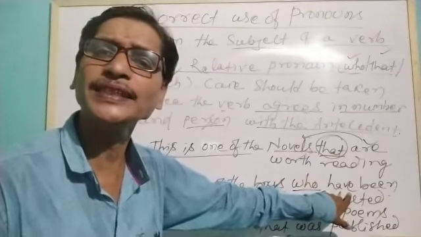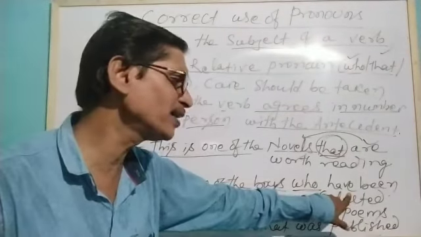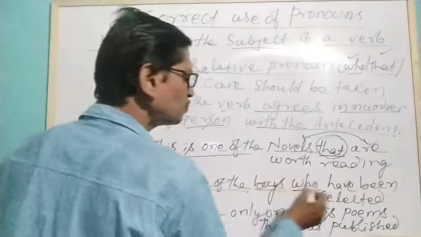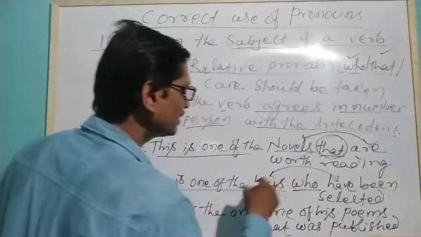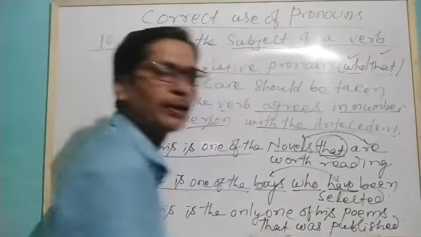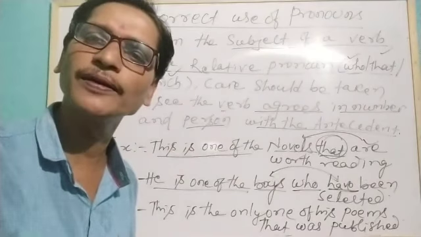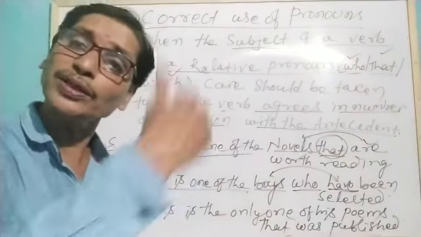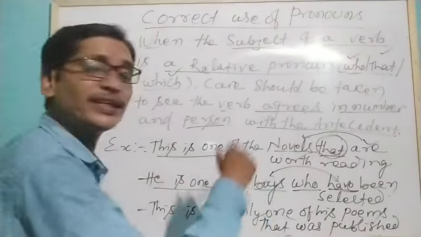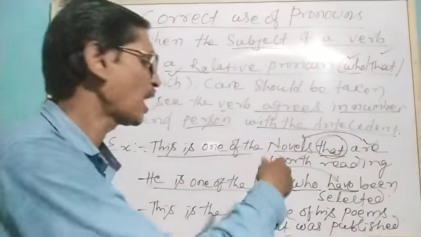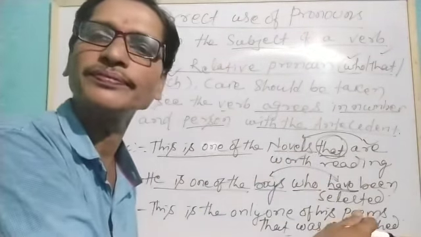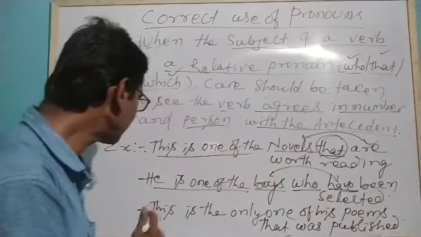After this comes the verb, and since the antecedent it refers to is plural, we have used have over here. Had it been singular, we would have used a singular verb after the relative pronoun. Understand?